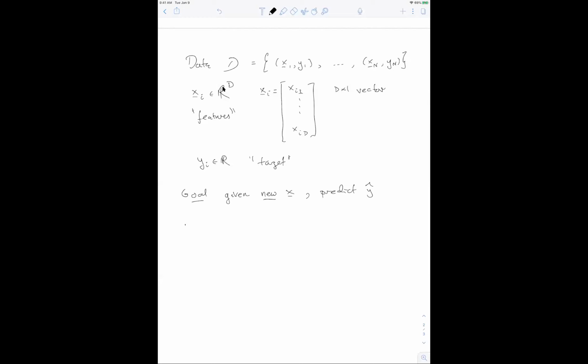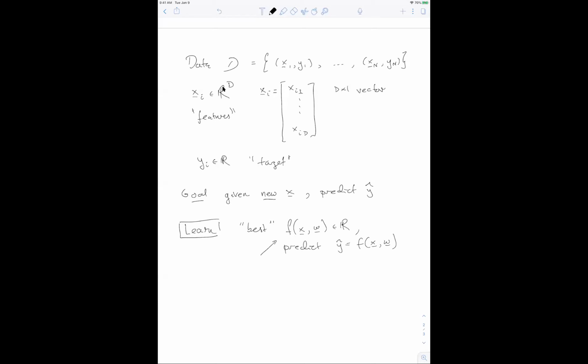And what are we doing today? Well, today we'll try to learn the best model from some class to predict y hat. So I just introduced a few new things here.